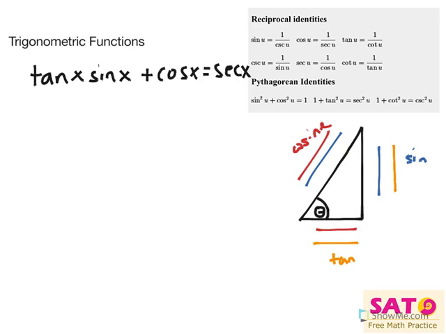Now that we have that covered, we have to kind of know the identities of the trigonometric functions. And tangent can also be written as sine of x over cosine of x. Why is that?